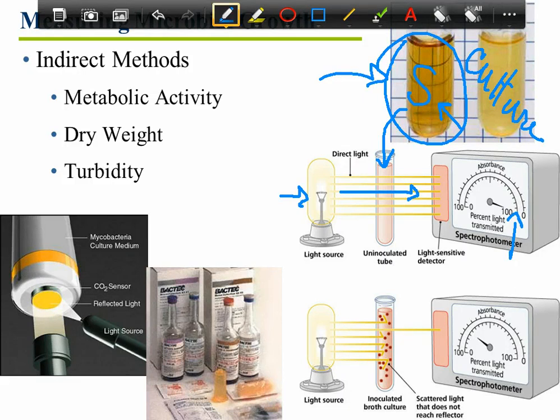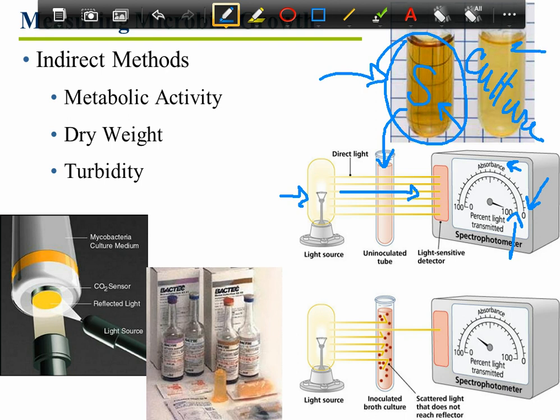You shine a light through this left-hand tube, there is nothing in the tube to stop the light from going through. So all of the light goes through. You get 100% transmission, 0% absorbance. Notice absorbance is the outer scale. Transmission is the inner scale.